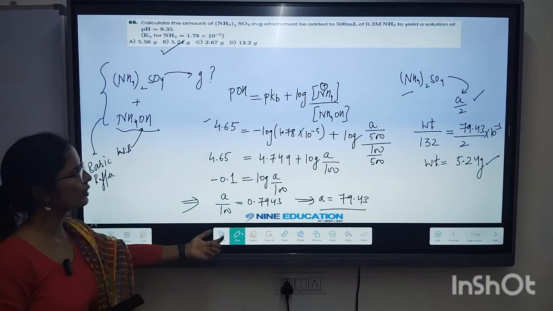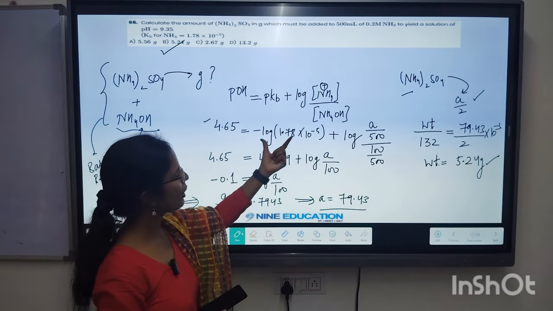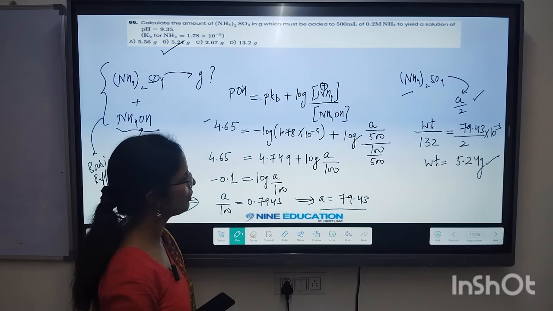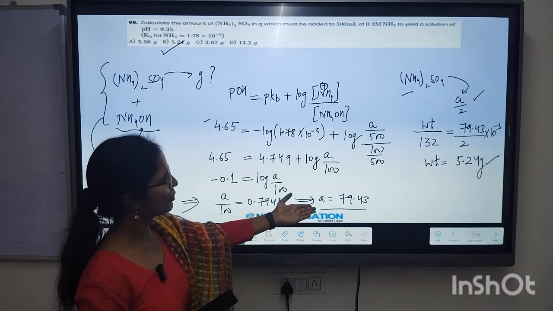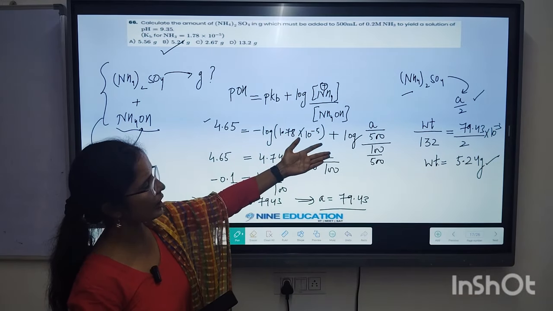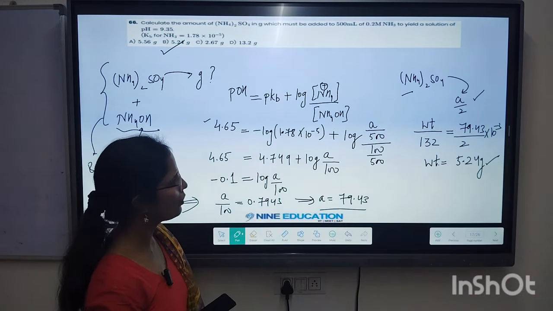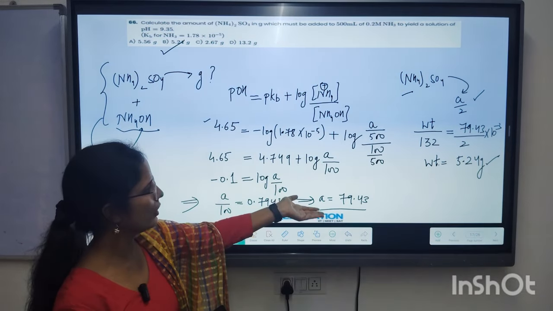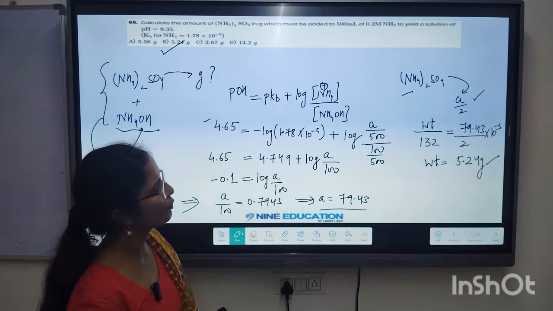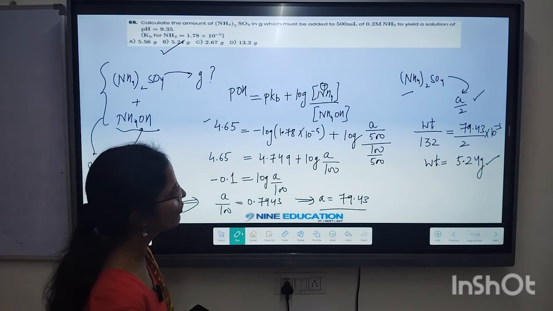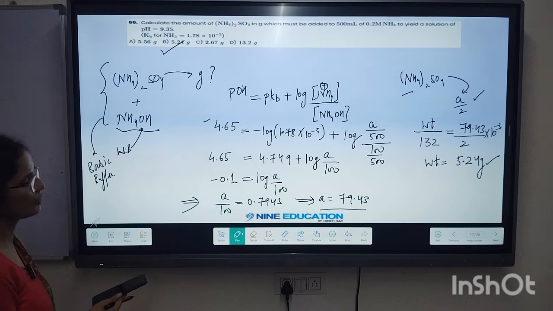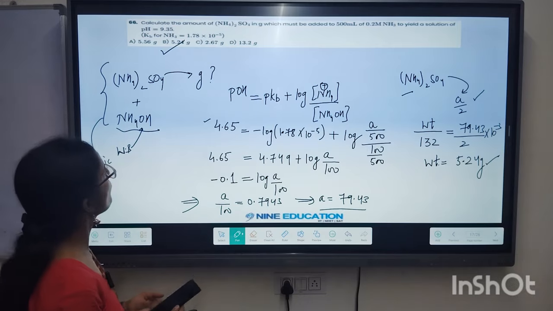We will come to understand how many millimoles of NH4 positive will be there. And if you get to know this, ammonium sulfate moles should be A by 2, and if moles are there, then we can simply write weight upon molecular weight, and the weight value will be 5.24 grams. So the correct option will be B option only.